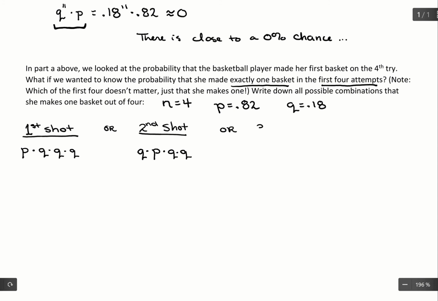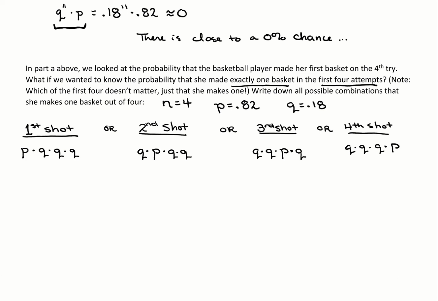Or another scenario could have been that she made it on the 3rd shot, which would look like her missing, and then making it, and then missing. So you'd have Q times Q times P times Q. And then our last scenario is if she made it on the 4th shot, which would look like missing, and then missing, but then finally making it on the 4th try.